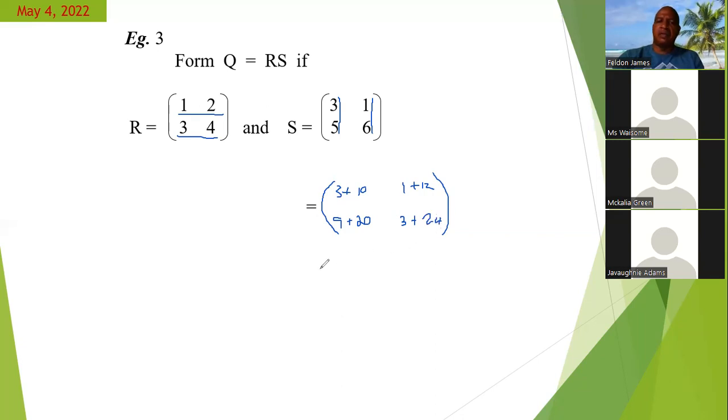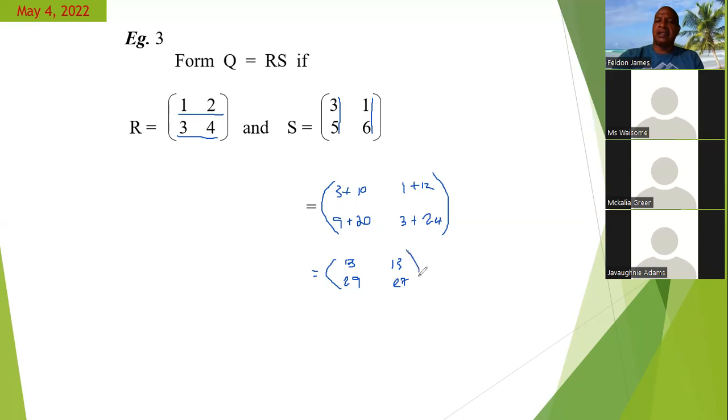All right, so now you just add what we have. So 3 plus 10 give you 13. 9 plus 20 give you 29. 1 plus 12 give you 13. And 2 plus 24 give you 27.